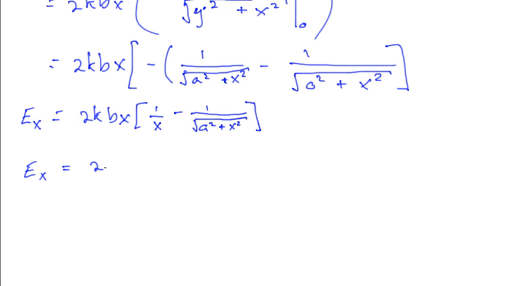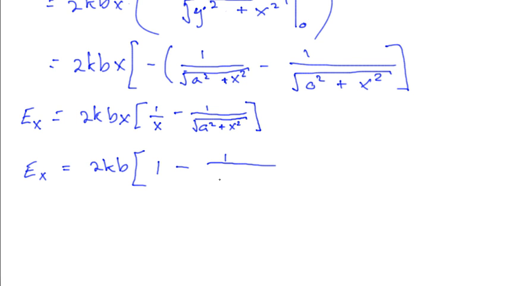So e sub x equals 2kb, and x times 1 over x is a 1. And then I've got x over all this. I'm going to divide top and bottom by x inside the square root, so it becomes an x squared. I'm dividing each term under the radical by x squared.